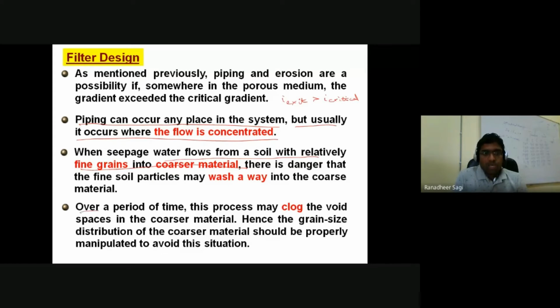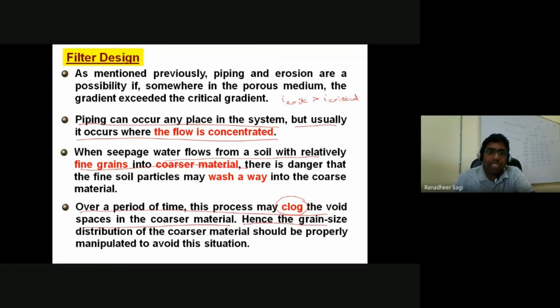Over a period of time, what we are going to see is that this process may clog the void spaces in the coarser material. If fine grain particles are escaping from that soil medium and getting deposited into the void space of the coarse grain material provided as a drainage, then after some period of time there is every possibility that clogging takes place in those void spaces of the coarser material.